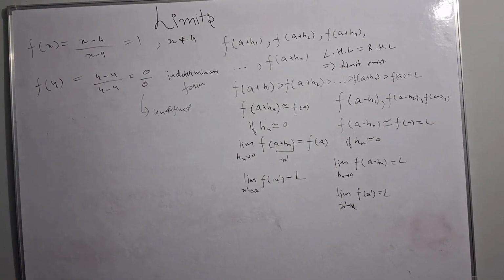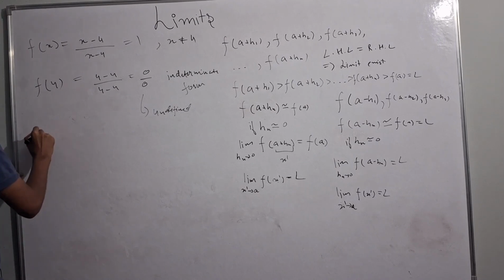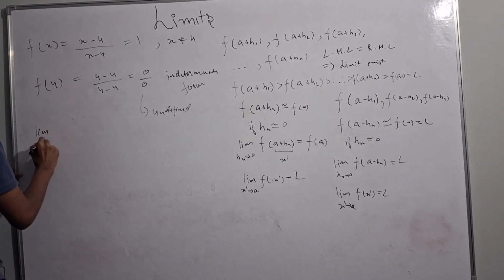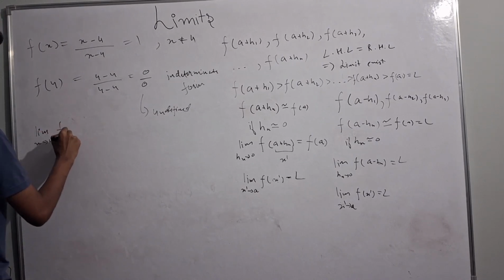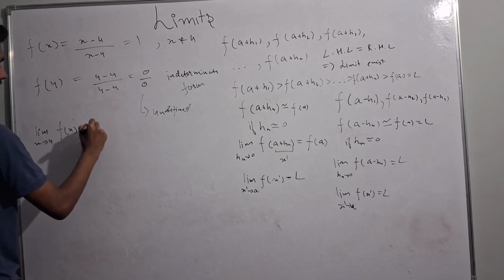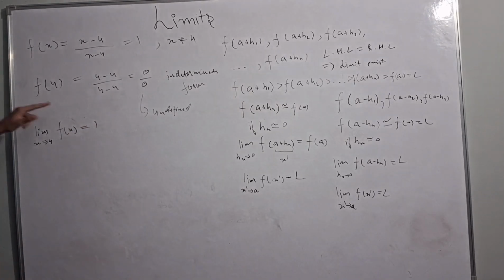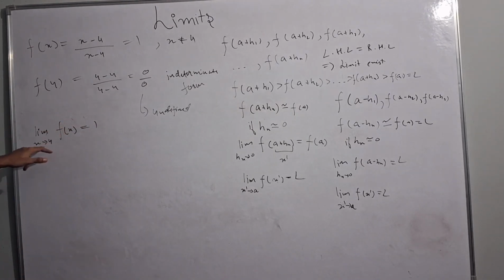So how do we actually deal with these equations? What I can do is I can say limit x tends to 4, function of x is equal to 1. That means we can get infinitely close to 4, but we can never reach 4.